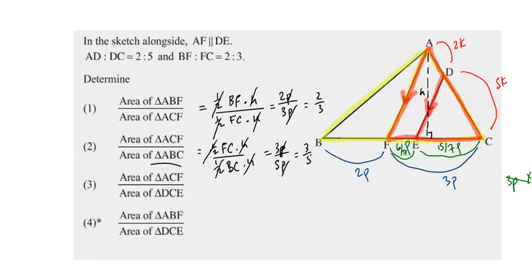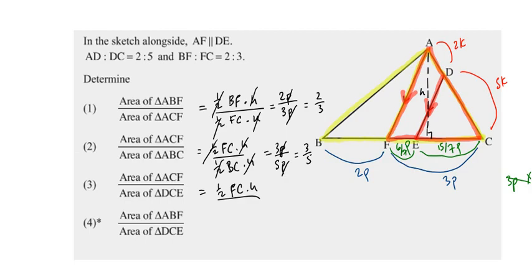Let's go to this one. Another ACF. ACF, we're tired of you, but it's fine. It's going to be half of FC multiplied by the height. What about DCE? This is DCE. Now you know where the danger is.